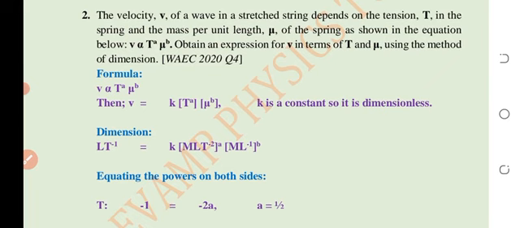So the equation is v directly proportional to T raised to the power a mu raised to the power b. So we have to obtain an expression for v in terms of capital letter T and mu using the method of dimension. That is question number 4, WAEC 2020. That is theory question, part A, question number 4.